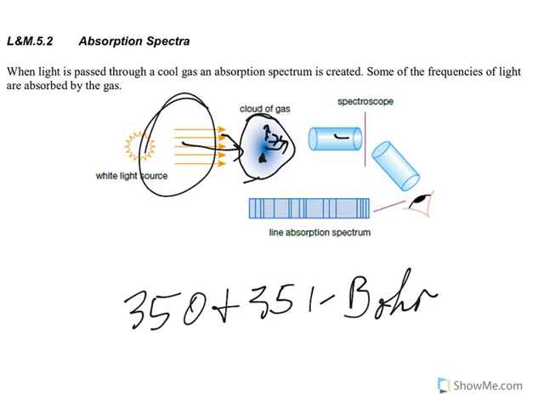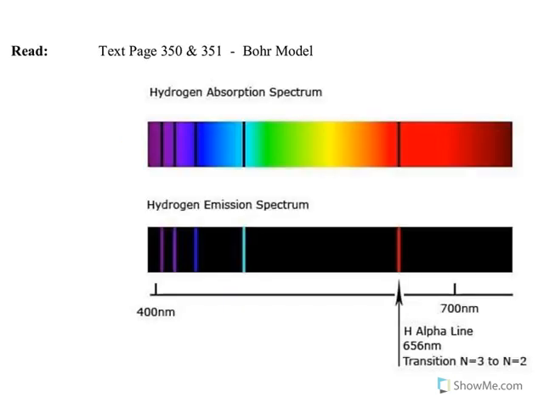Absorption spectra, this is what they look like. Up the top here, if we shine light through hydrogen gas, we can get electrons to jump between shells, and you can see there are now dark lines in these places. These dark lines are those frequencies, those energies, that have been absorbed to get the electron to move up in the transition.